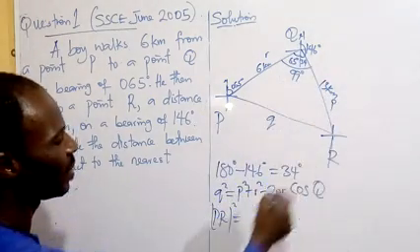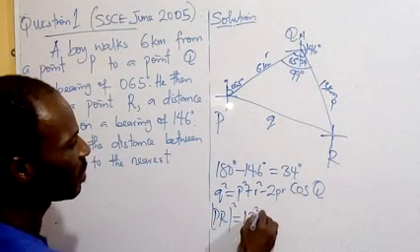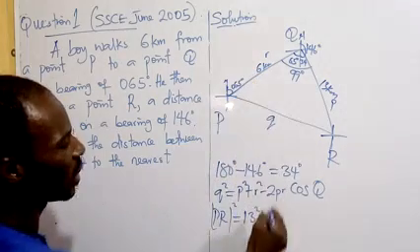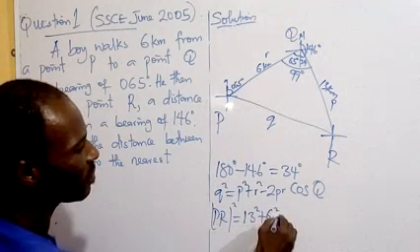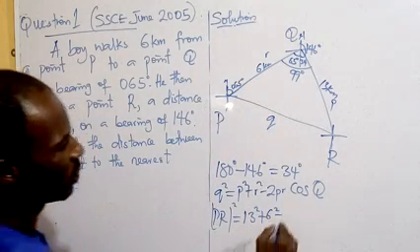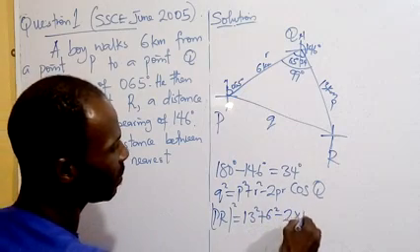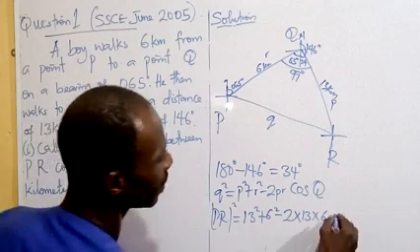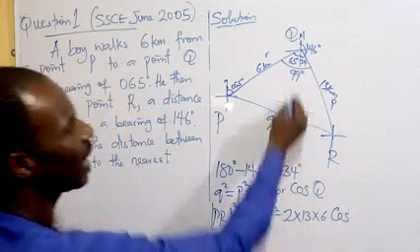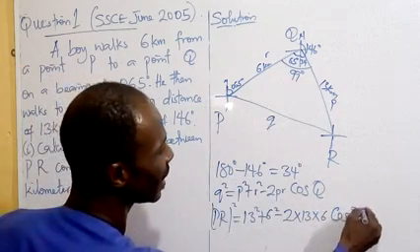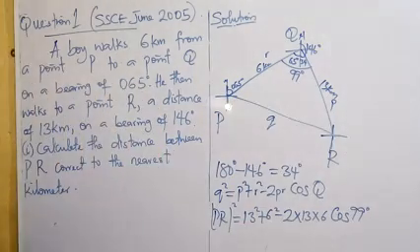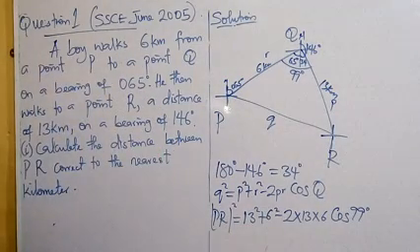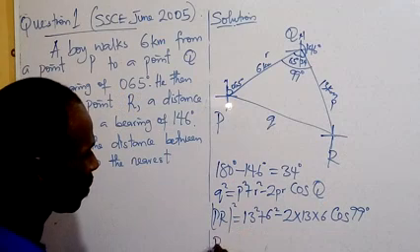The side. We have 13 squared. What about r? We have 6 squared, minus 2 multiplied by 13 multiplied by 6, cos, what is the angle? 99 degrees.